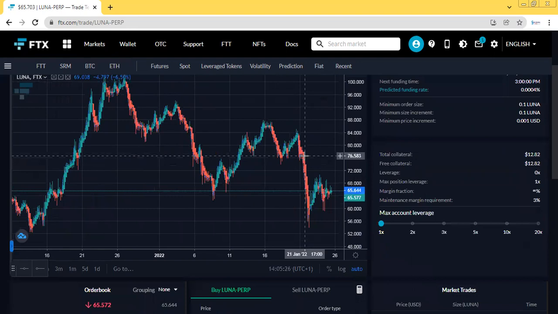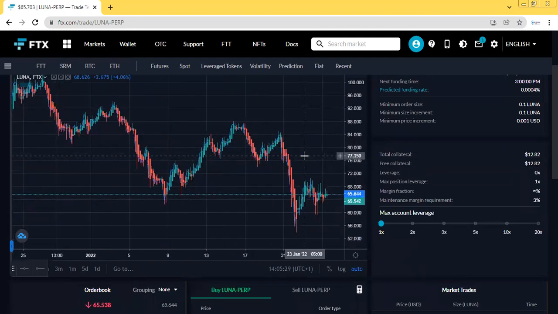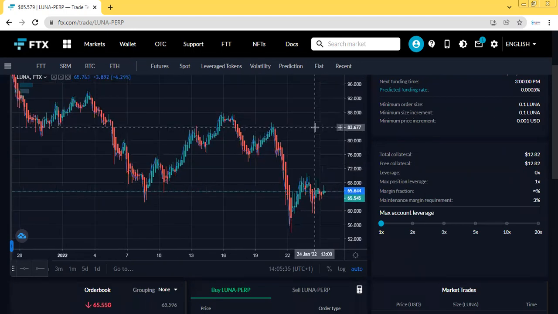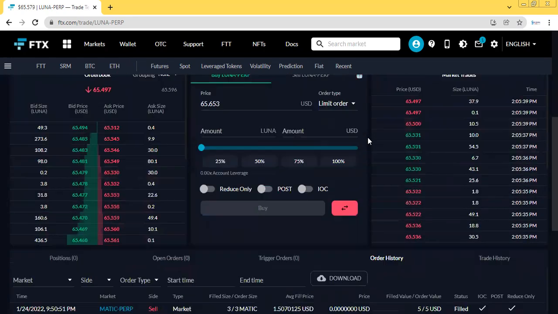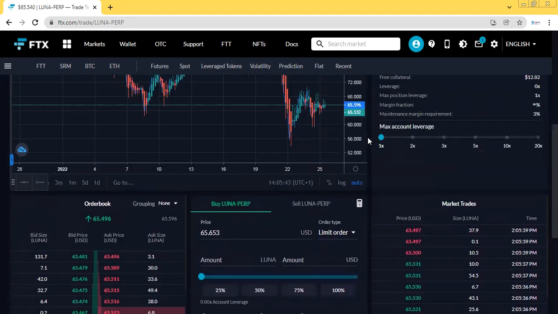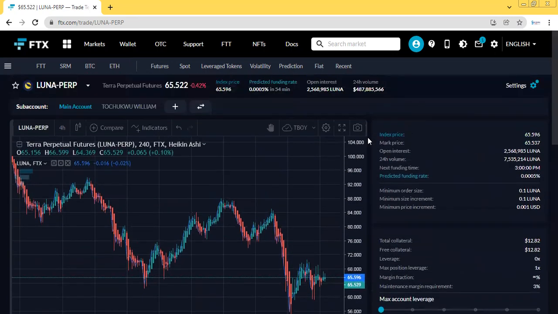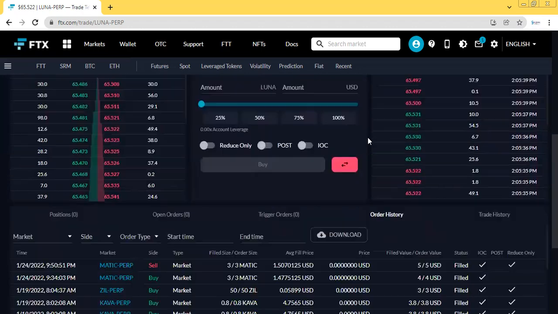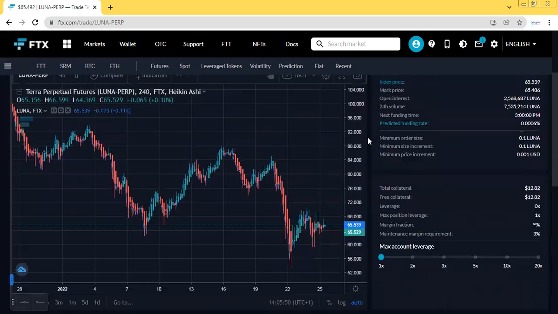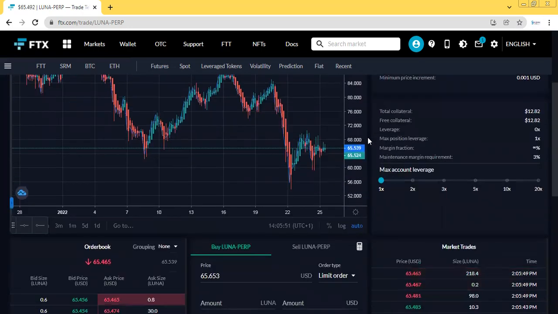Okay, this is Luna perp. Are you seeing it here? How do you trade in FTS? Let's start. Once you have registered your account with FTS, what you need to check is your maximum account leverage.